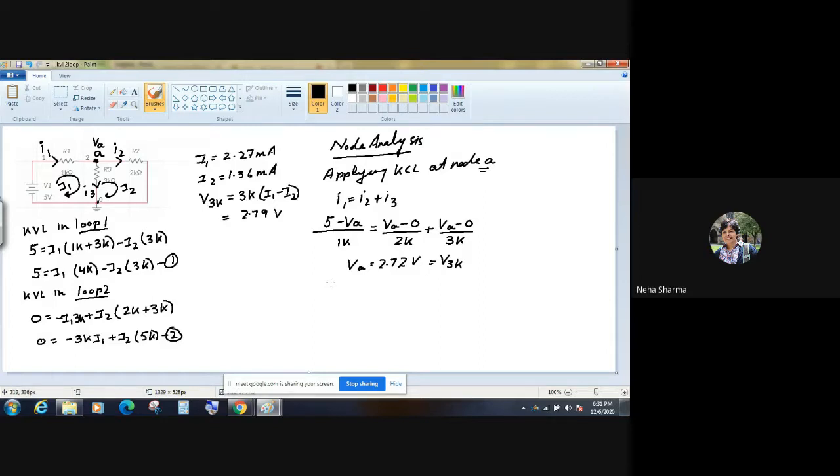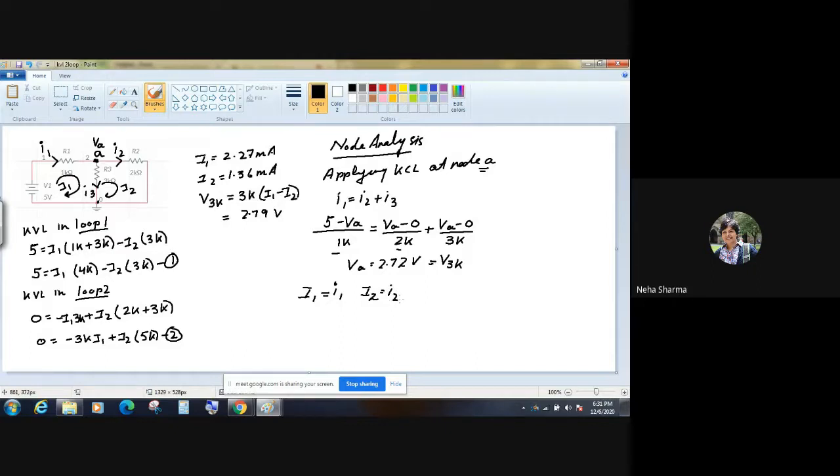If I have to find I1 and I2, this time I have to use this equation and this equation for finding small I1 and small I2. If I compare the two circuits, then you can see that capital I1 is the same as small I1, and capital I2 is the same as small I2.